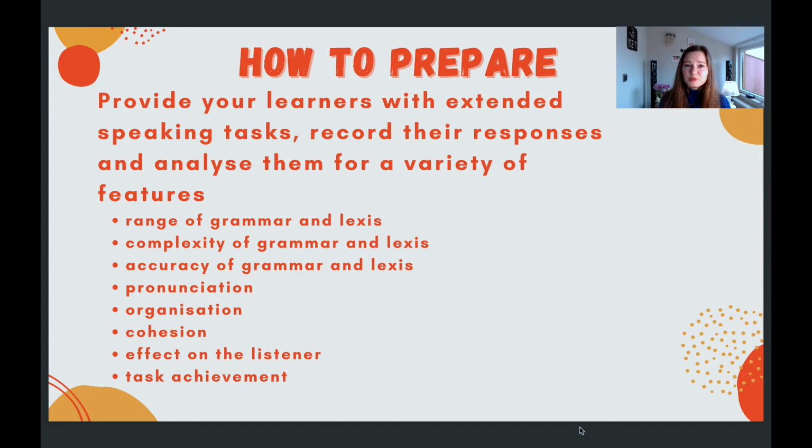You need to be more specific, and you can see here in bullet points something you might consider and what you can benefit from while preparing. Range of grammar and lexis, complexity of grammar and lexis used, accuracy of grammar and lexis, pronunciation, organization of the text, cohesion and cohesive devices which are applied, effect on the listener, and task achievement, whether the task was achieved or not.